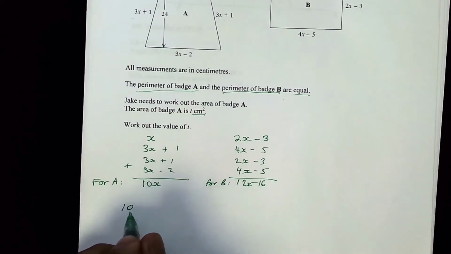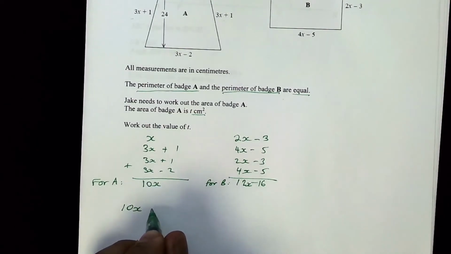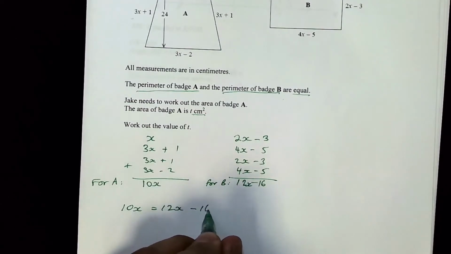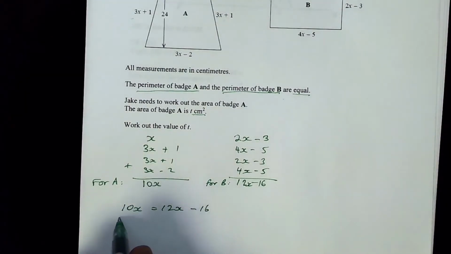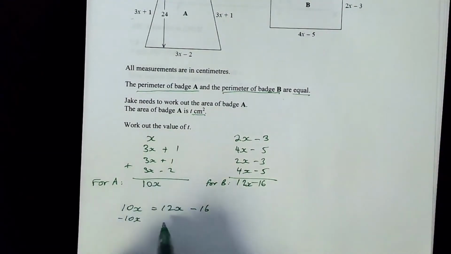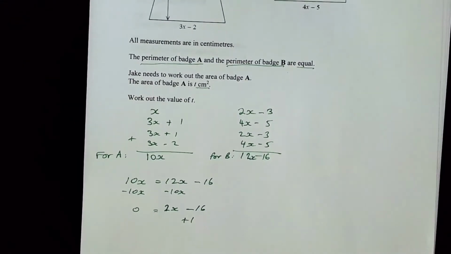10x equals 12x minus 16. I'm going to subtract 10x from both sides. Now I'm left with 0 is equal to 12x take away 10x, which is 2x, minus 16. Plus 16 to both sides.